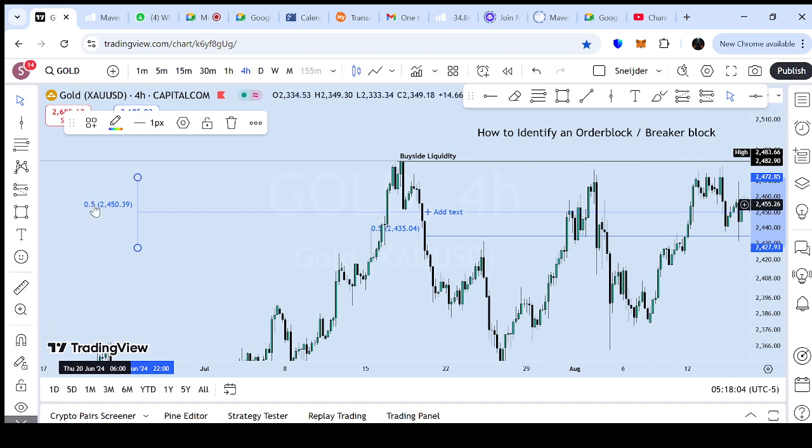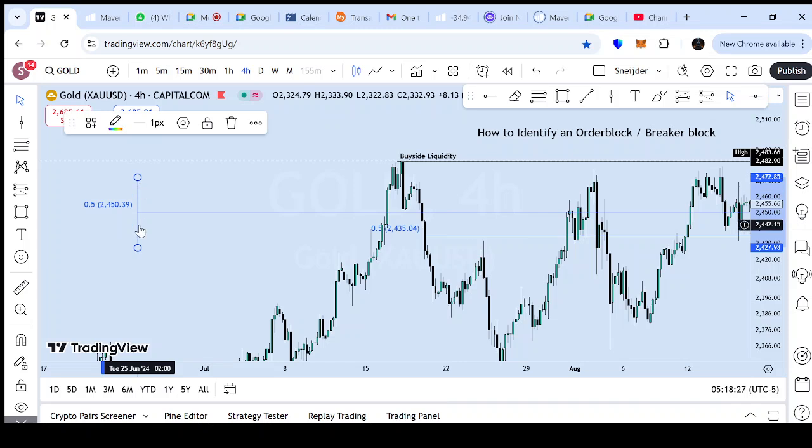At 0.5, what's the price there? The price of gold at 0.5 is 2,450. See it at the right side. That is the price you are seeing there. Are you seeing it? Yes. Yeah, that's what it's showing you. Here is the price at 0.5, at 50%.